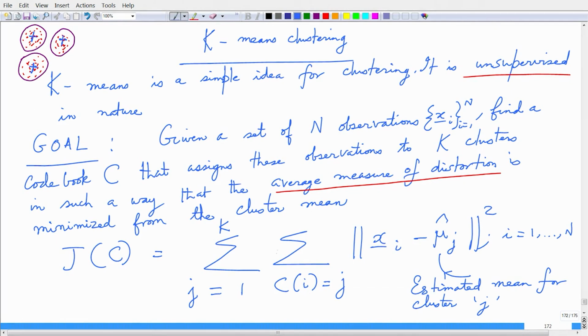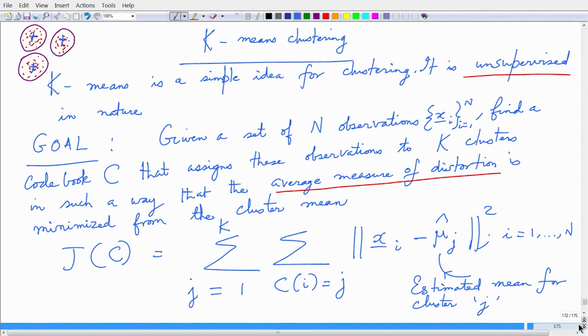That is where this inner summation comes. So, this is basically computing the cluster variance or the total distortion across all the clusters.